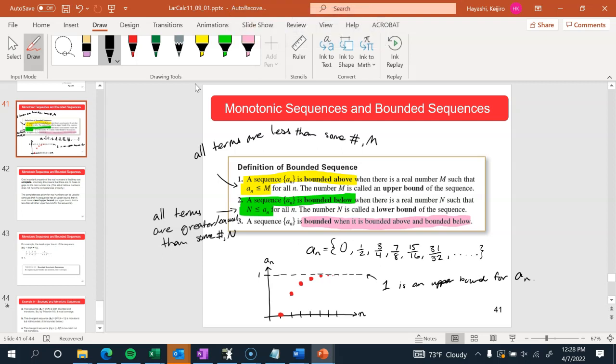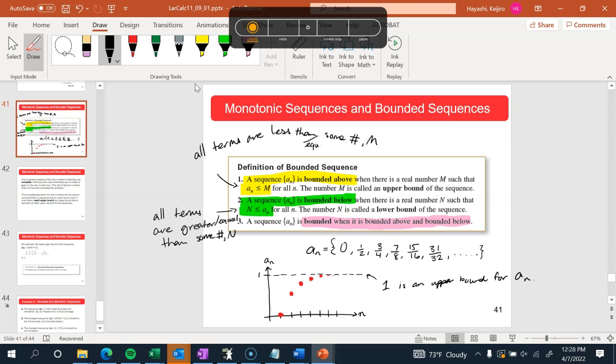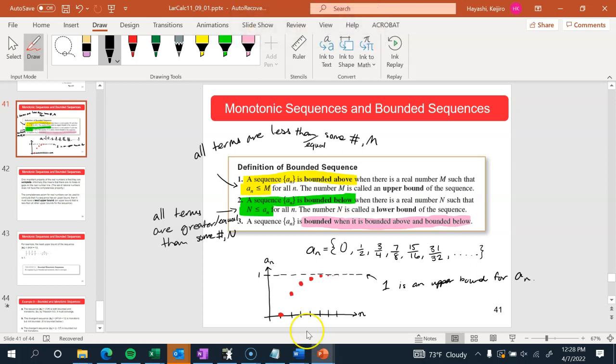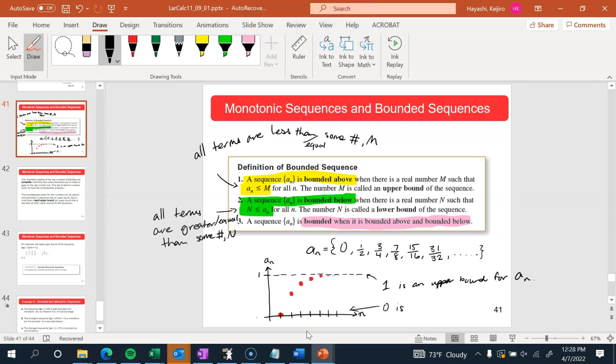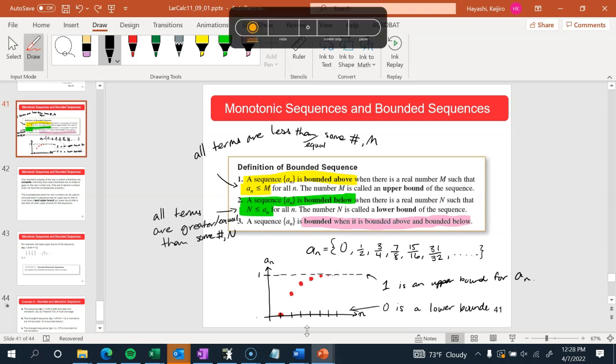I guess I should say greater than or equal, or less than or equal. But technically speaking, 0 is also a lower bound. So this is a bounded sequence. All its terms, like forever, are going to be in between 0 and 1.